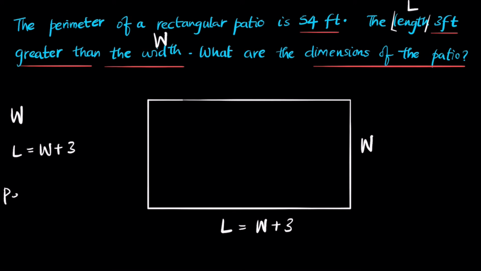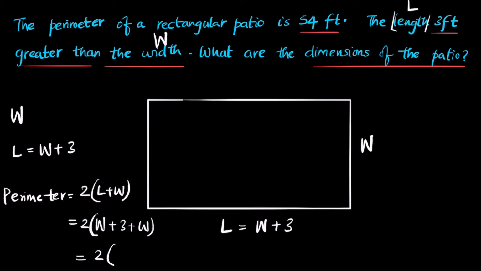So what is the formula for perimeter? The perimeter of a rectangle is twice the length plus width. Right, so substitute the values. The length becomes W plus 3, plus W. So it becomes 2 times (2W plus 3), which becomes 4W plus 6.